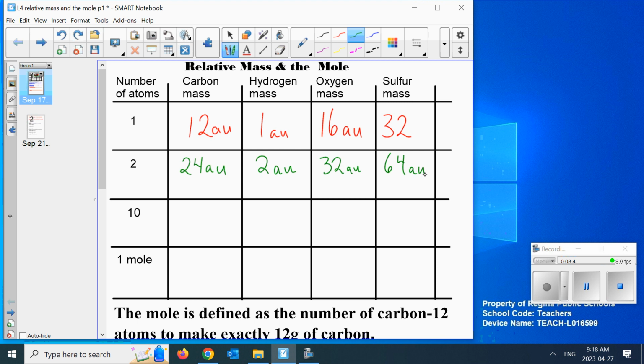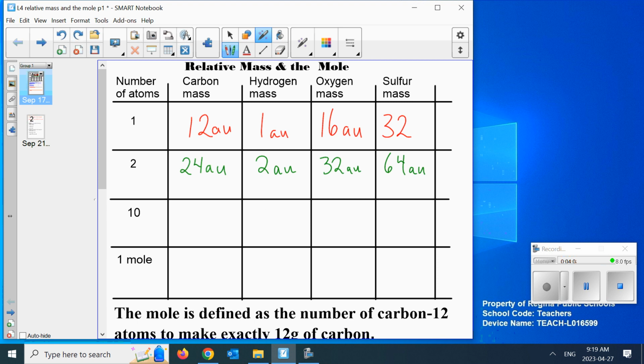Now, here's why I'm leaving the space. I'm going to do it in this again. The ratio is still a 12 to 1 ratio. So you guys follow that? 2 to 24 is the same as 1 to 12. And I'm going to compare to hydrogen because it's a 1.